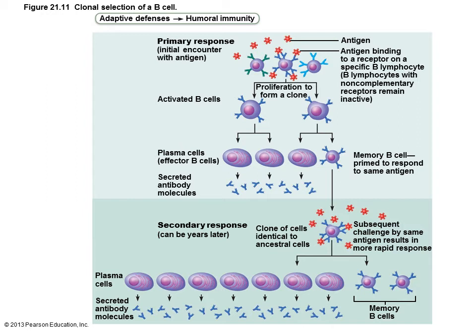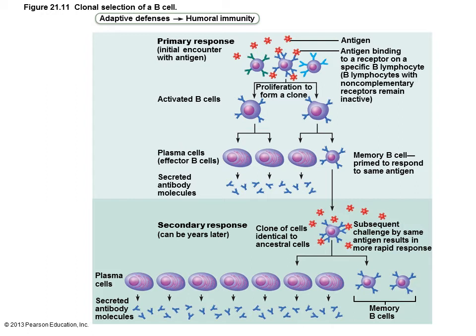When those naive lymphocytes first encounter a foreign antigen, they are selected for further development. Those which fit that particular antigen will be selected, which is called activated B cells, and they become plasma cells.